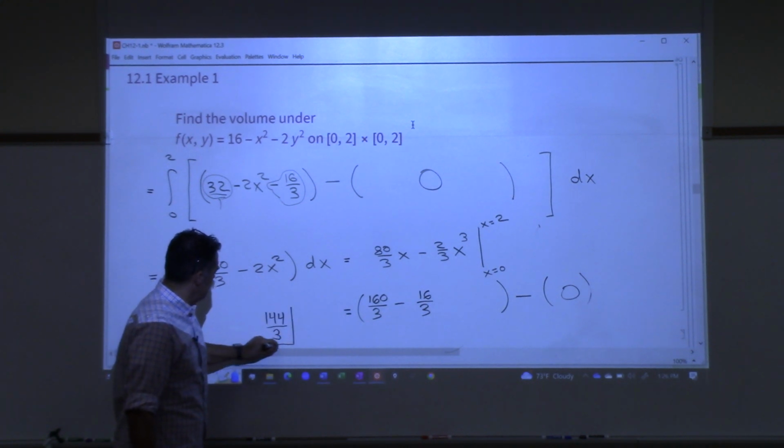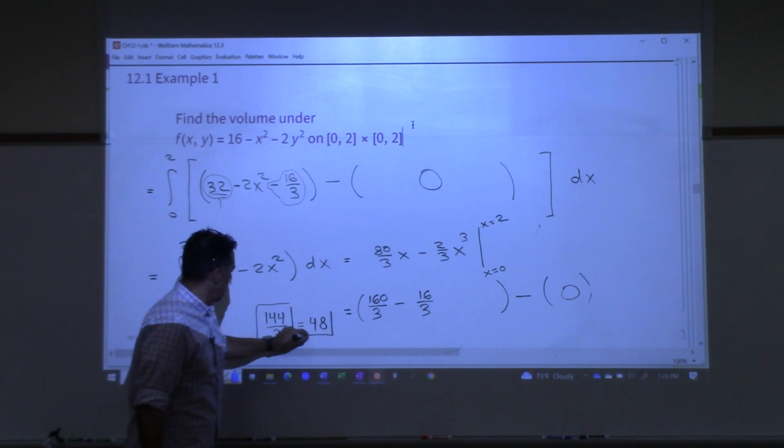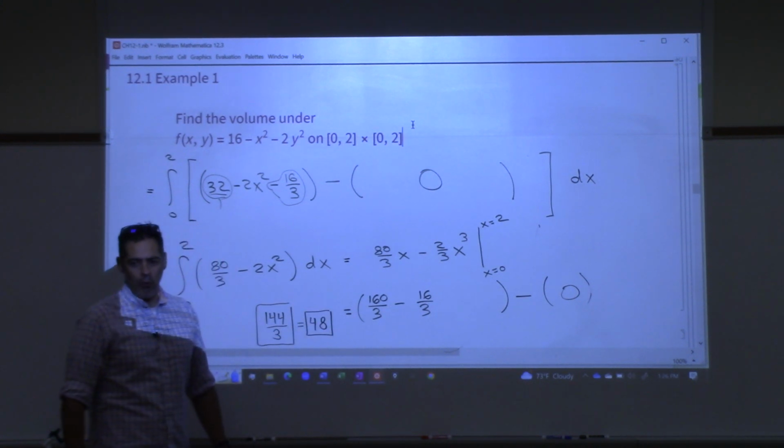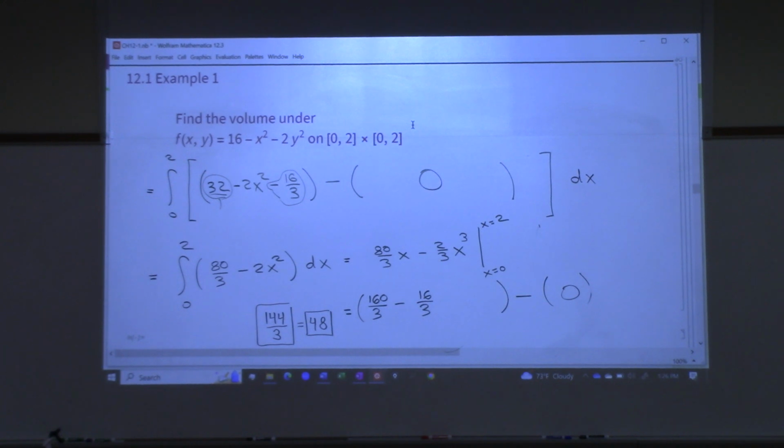Should reduce to 48. 48. That's the volume of the solid underneath that surface between 0, 2, 0, 2. It turned out to be a nice number, okay? It just happened to work out that way.